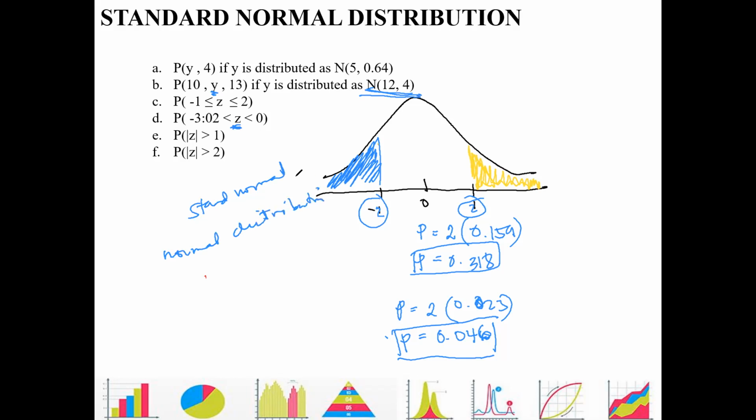So, yan yung palatandaan natin. So, kapag nandito pa siya sa normal distribution, pwede mo pa i-convert muna siya papuntang standard normal. And then you can interpret there from the standard normal. Yun lang. Question?